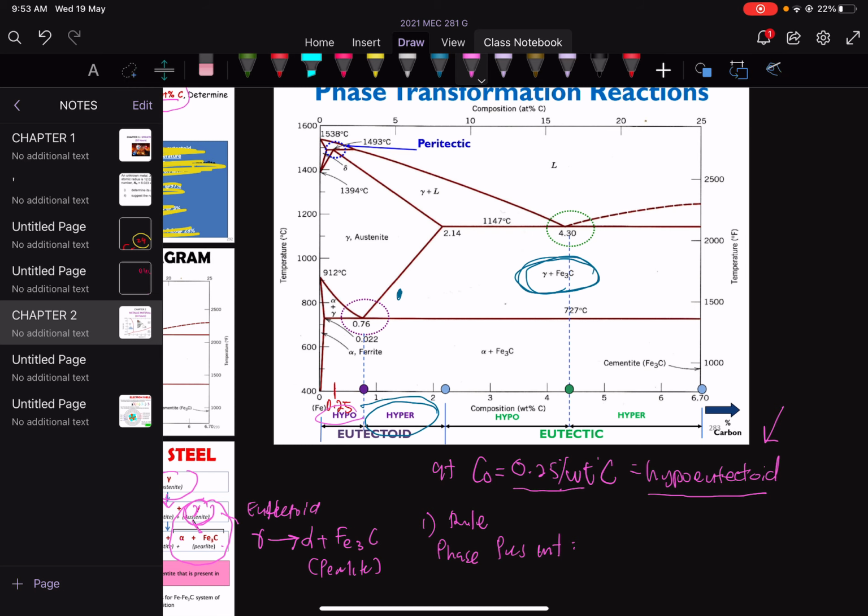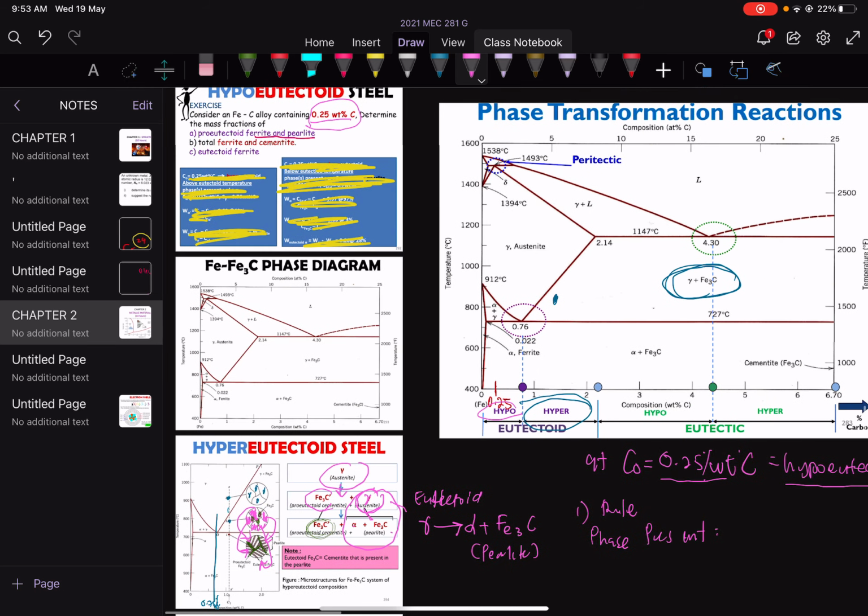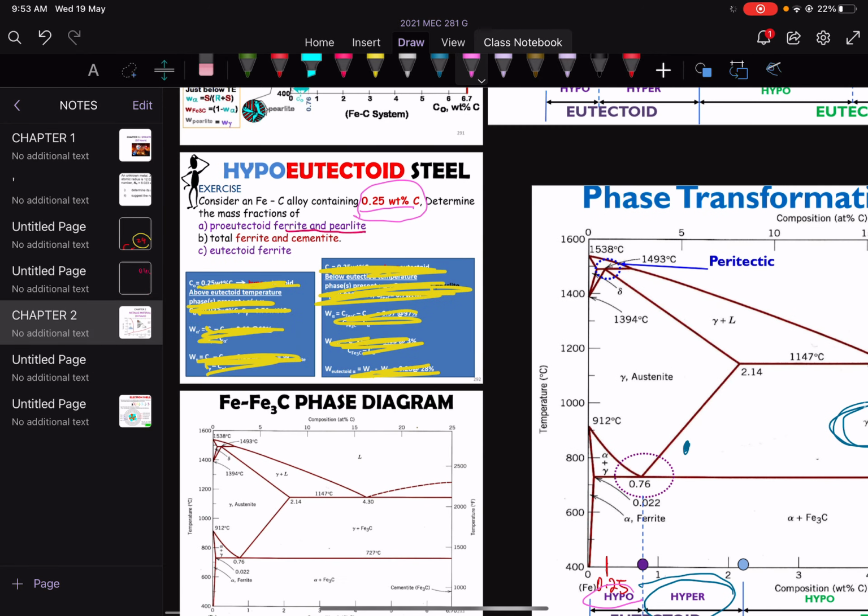But something slightly different from chapter 2.2 is that we now know the specific solid that exists in the region. For example, question number 1 asks you to find the pro-eutectoid ferrite and pearlite.